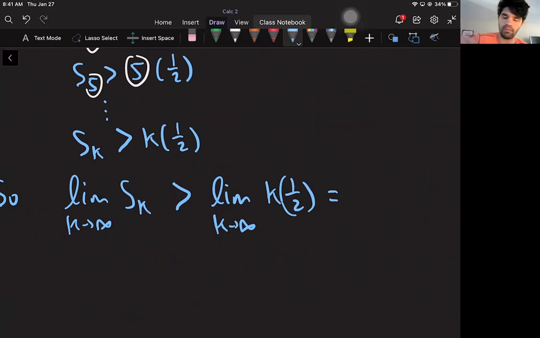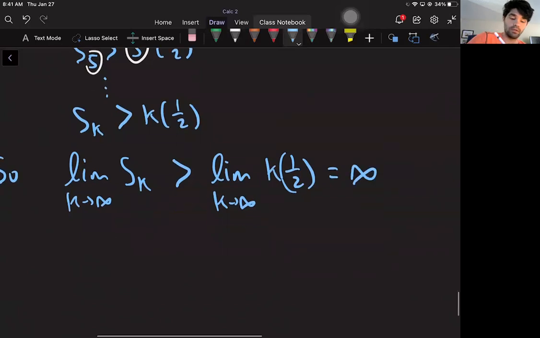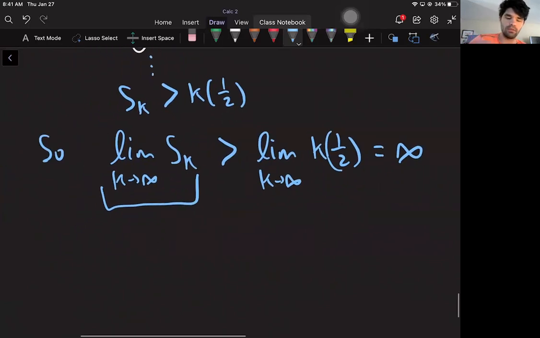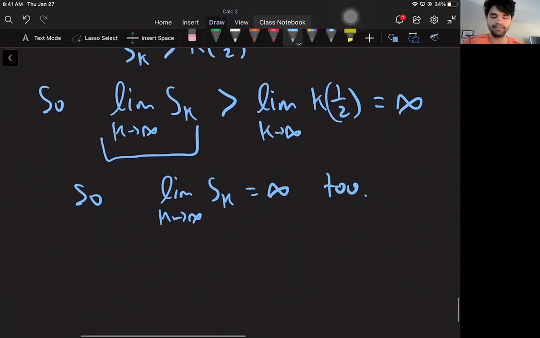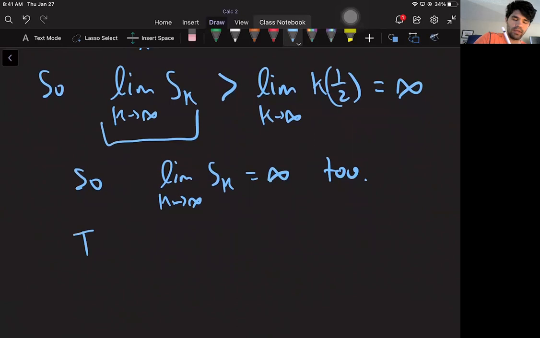So you have a giant number over 2, and dividing by 2 doesn't matter, it just continues to increase forever. This is infinity. So the limit that we're trying to figure out is bigger than infinity. So of course it has to also be infinity. There's no other possibility for it. And so that means that the series diverges.